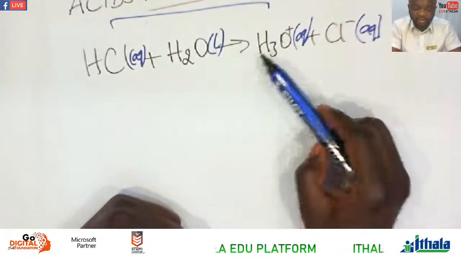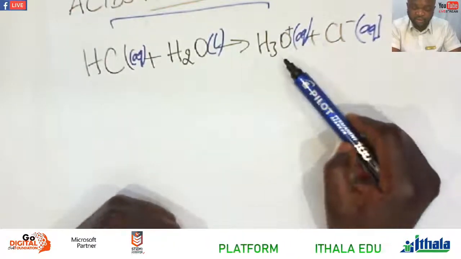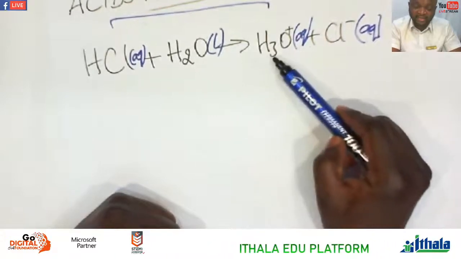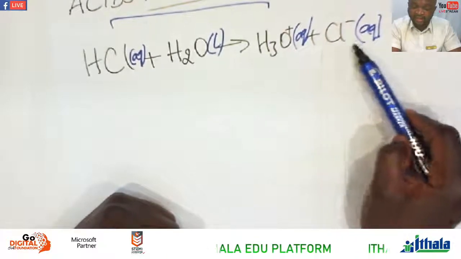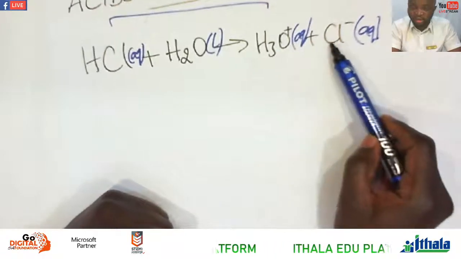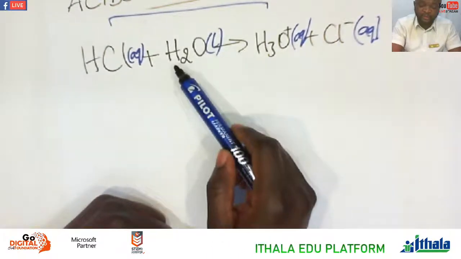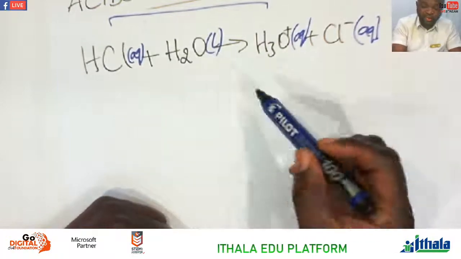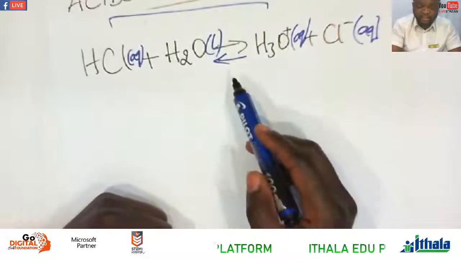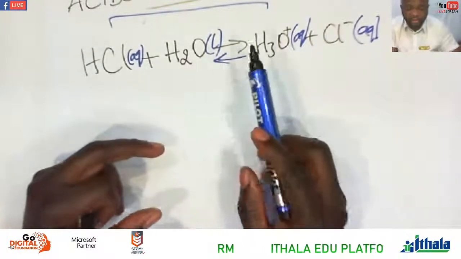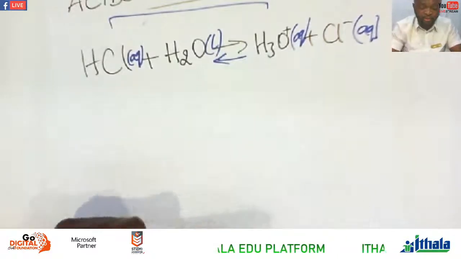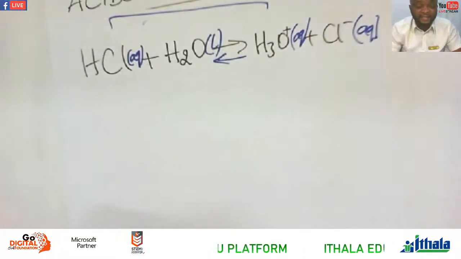Right, we know that this reaction is irreversible, because H3O plus acts as an acid, and Cl minus would act as a base. That means this H3O plus cannot react with Cl minus to form H2O and HCl again. That means this reaction is irreversible. If a reaction is irreversible, and we have concentration and volume that do not change, it means we are almost in a closed system.